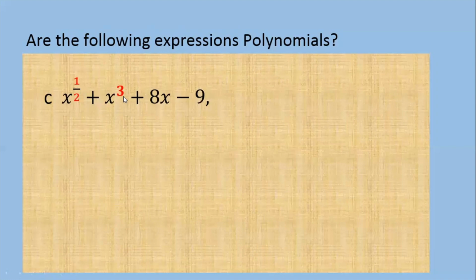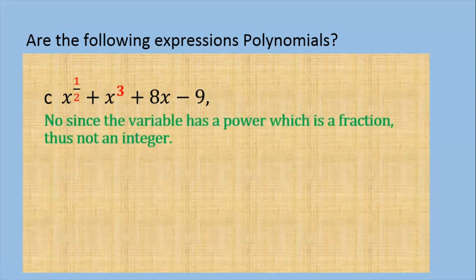Okay, so 3 is a positive integer. We are okay with that. But what about x power half? Half is positive, I agree with you. But is half an integer? No, half is a fraction. Okay, so this expression is not a polynomial.